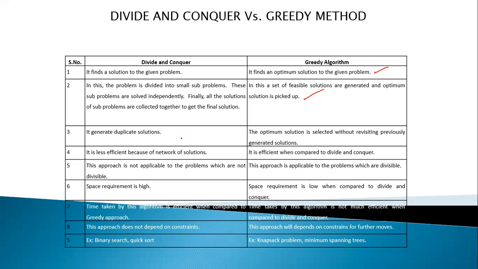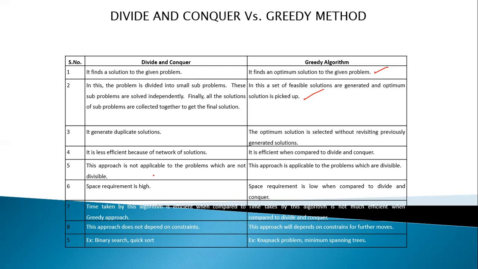In divide and conquer, there is a chance to generate duplicate solutions, whereas in the greedy method the optimum solution is selected without revisiting previously generated solutions, and it will not generate any duplicates. The divide and conquer strategy is not efficient to solve network problems, whereas greedy is very efficient in comparison and is used in networking applications also.